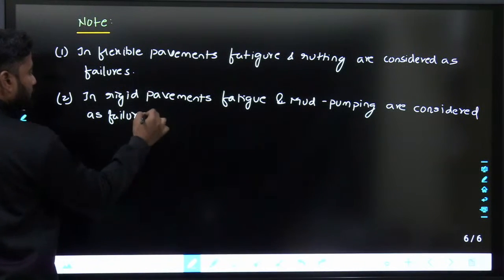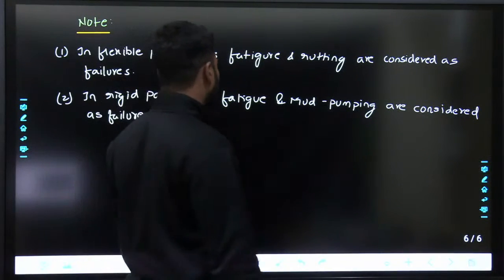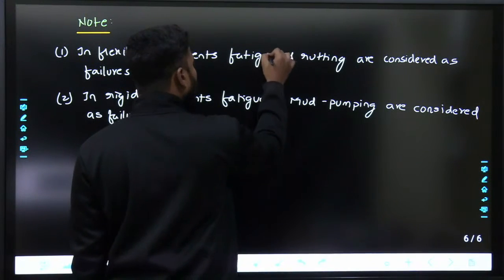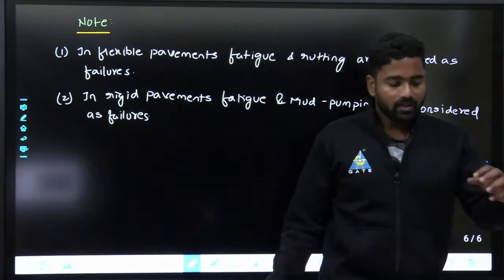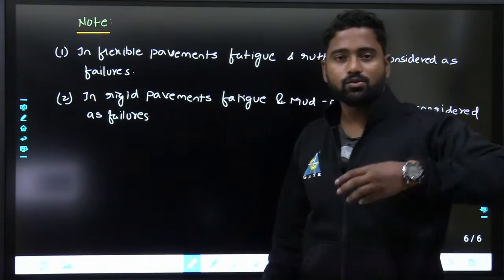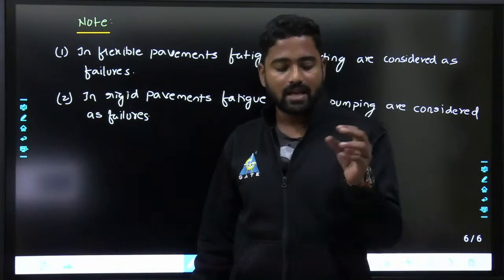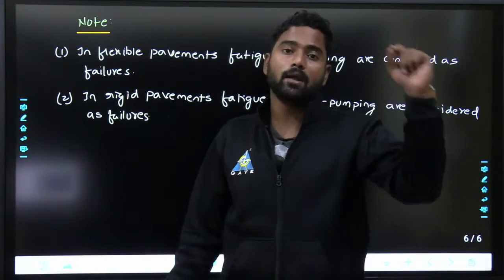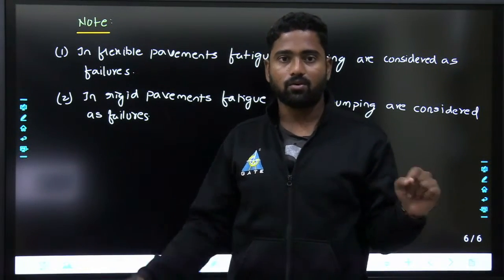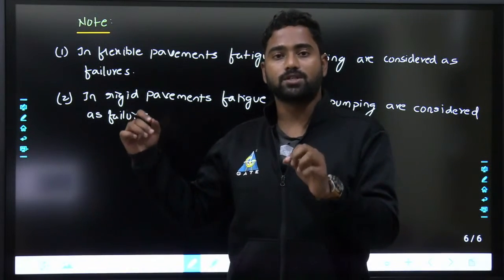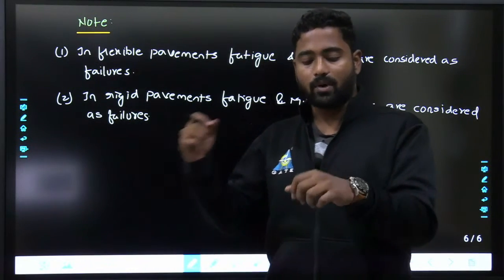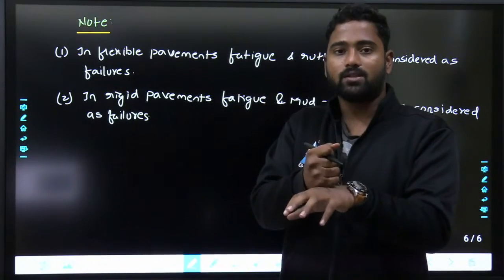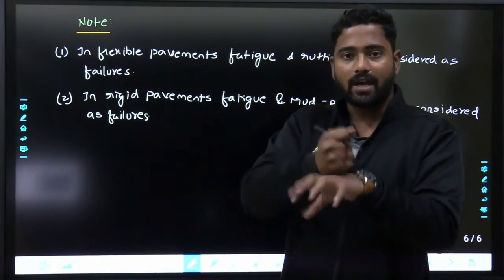Fatigue means, if there is a huge amount of repetition of vehicles, because of heavy load or the same load repeating n number of times, like the endurance limit you might have seen in strength of materials, where the same load is applied n number of times.